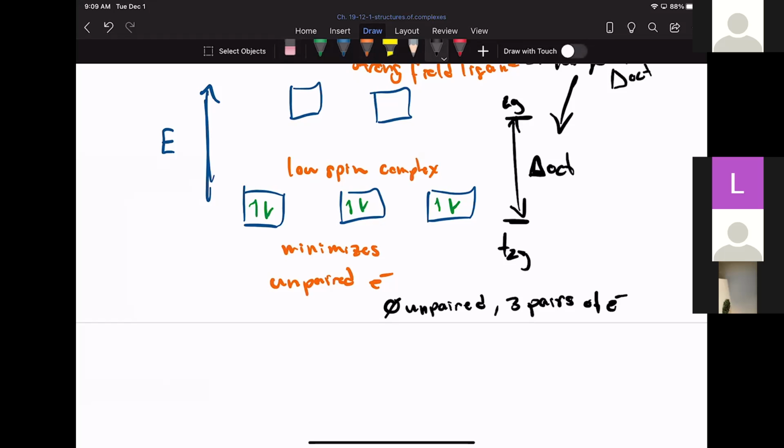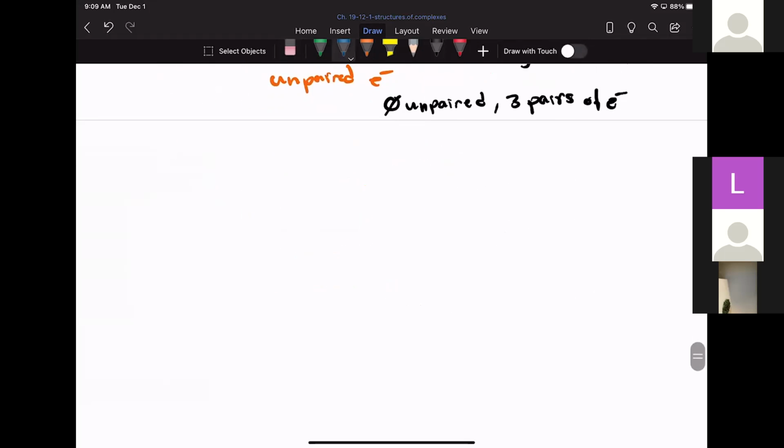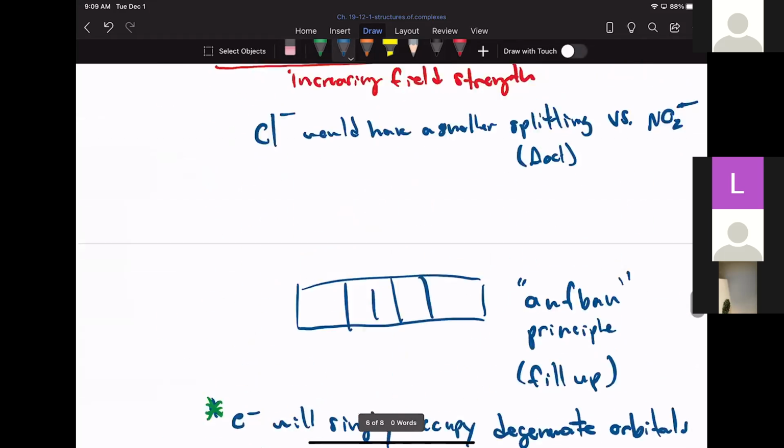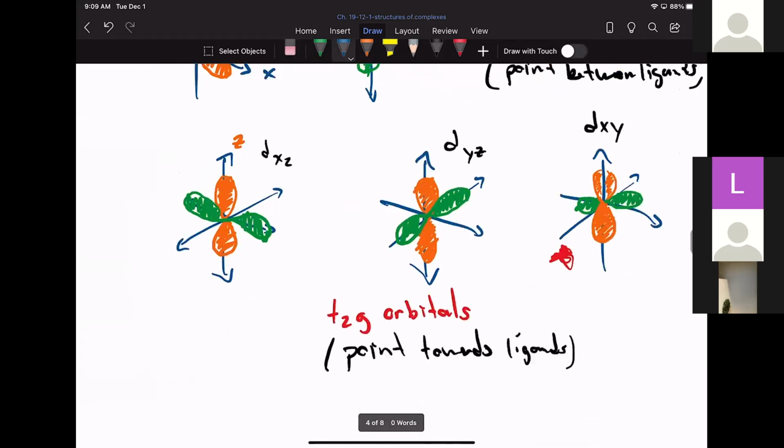Now let's look at something with a weak field ligand. How about we use water? Water's a weak field ligand. How do I know that it's weak? Well, let's take a look at our list here.